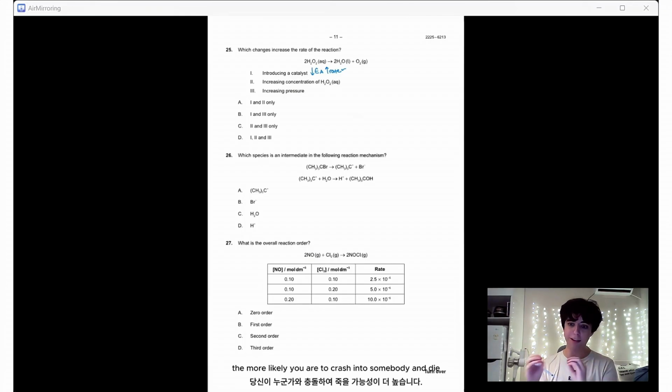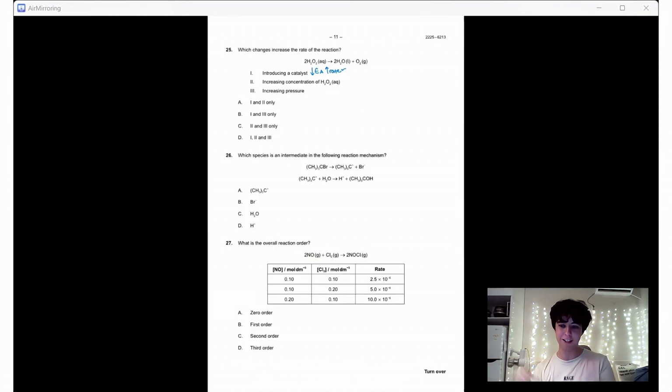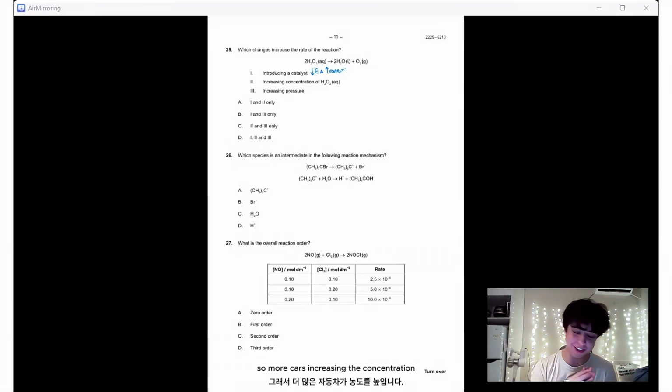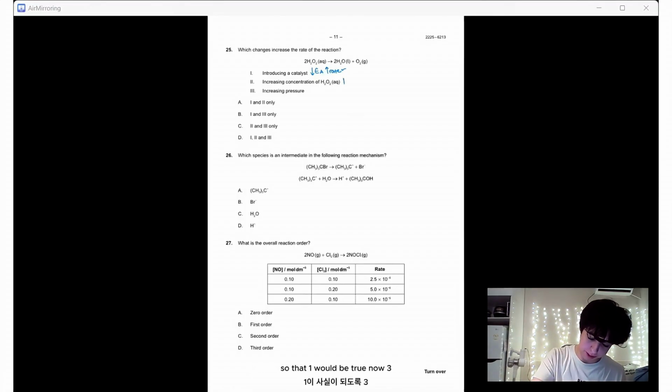So the more likely you are to crash, the higher the rate of the reaction, because of collision theory: crashes result in reactions. In real life, they result in death. I think it's fun. So with more cars, increasing the concentration, you would have an increased rate of reaction. So that one would be true.